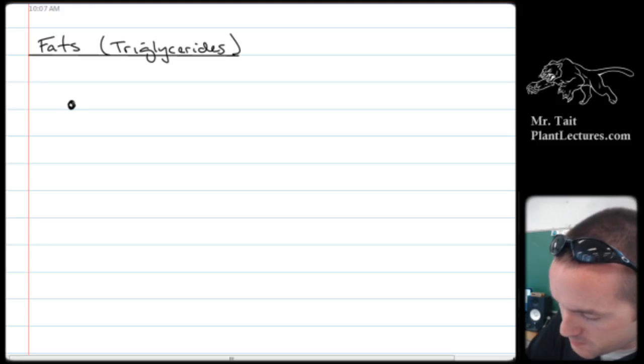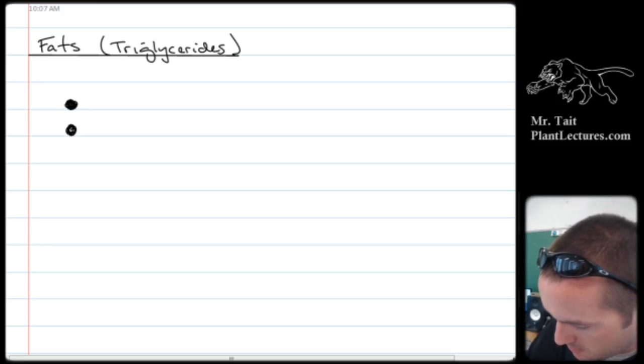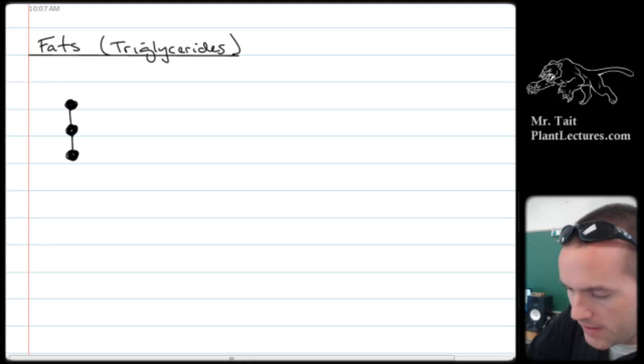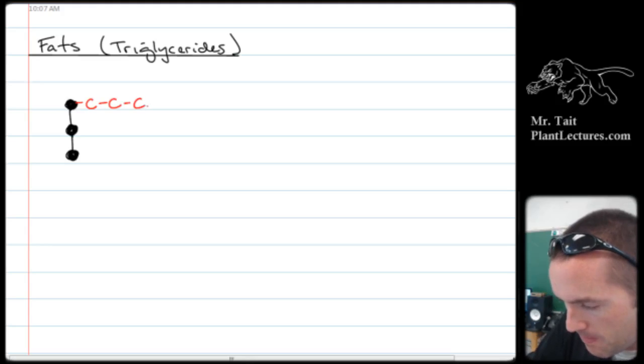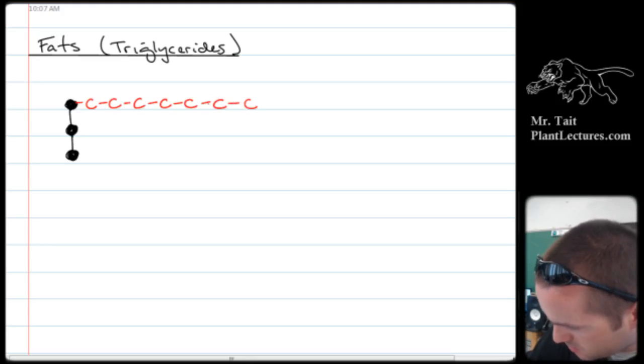So, glycerol looks like this. It's a 3 carbon chain. And then attached to that, we've got a fatty acid tail. 1, 2, 3, 4, 5, 6, 7, 8, 9, 10.